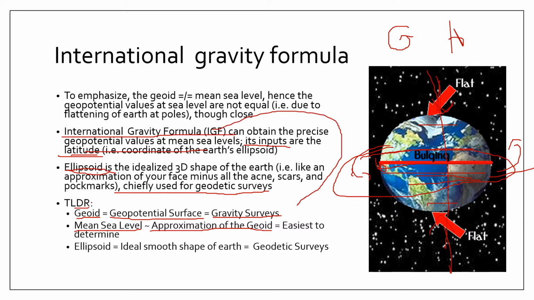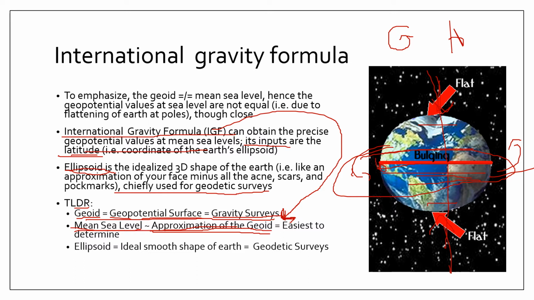Then we apply the IGF to get a precise number of what should be the gravitational acceleration at mean sea level, because this is our reference point. The geoid is our reference level when we are doing gravity surveys.